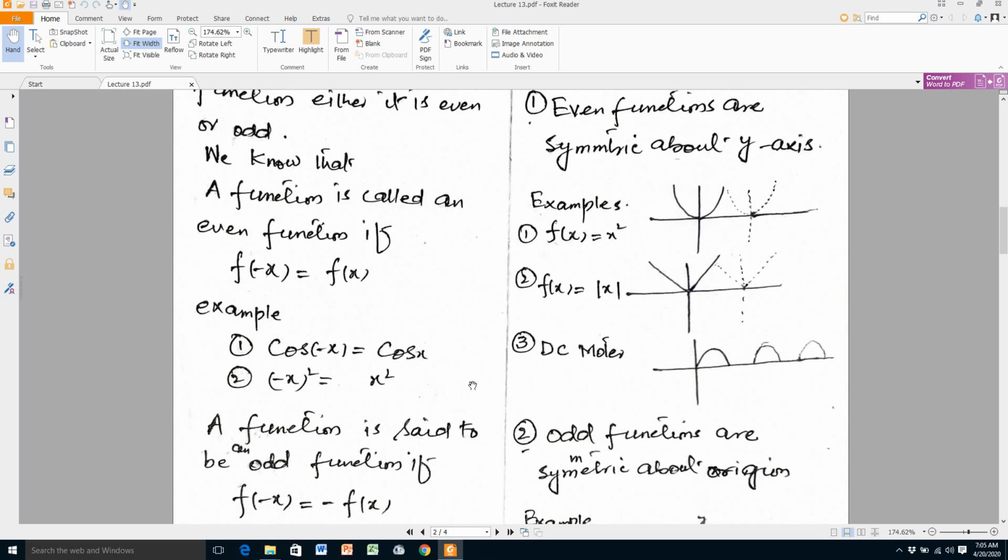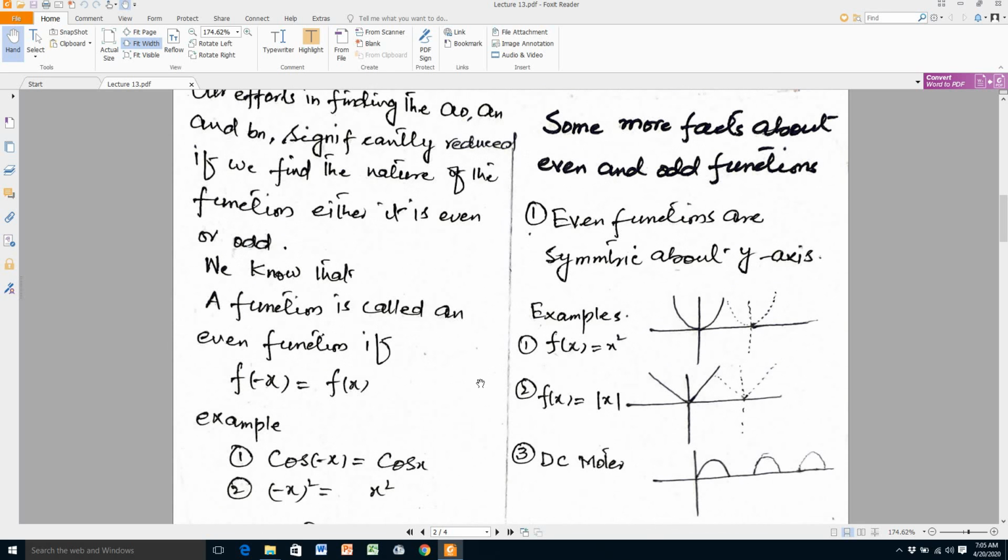So I take some more facts about even and odd functions. Even functions are symmetric about the y-axis.